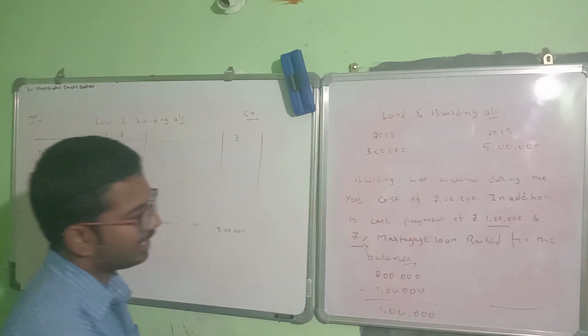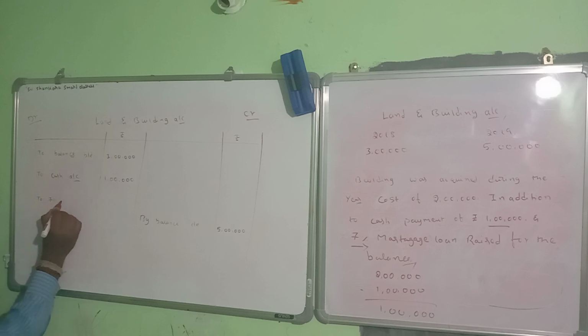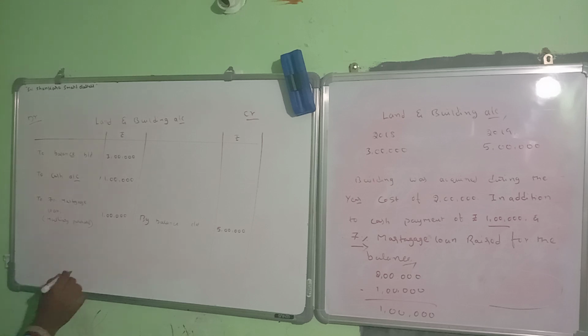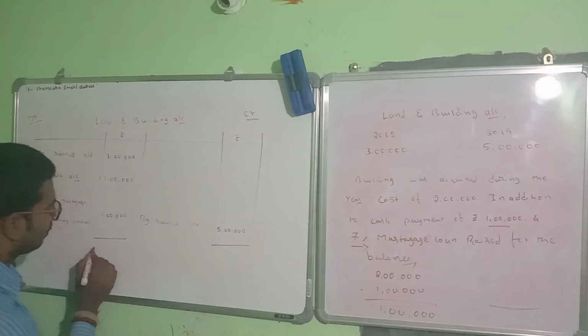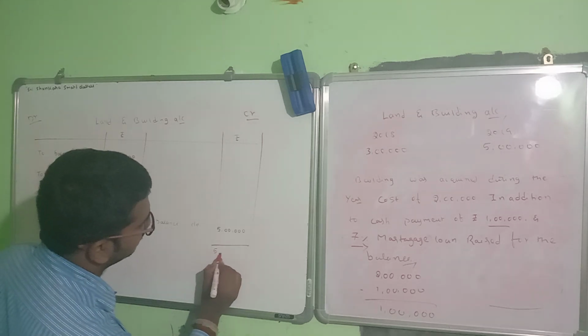For that 1 lakh they raised a loan, so you can record it as to 7% mortgage loan, in brackets machinery purchased, 1 lakh. So there is no balancing figure available here, so you can close down the account on both sides, 5 lakhs, 5 lakhs.